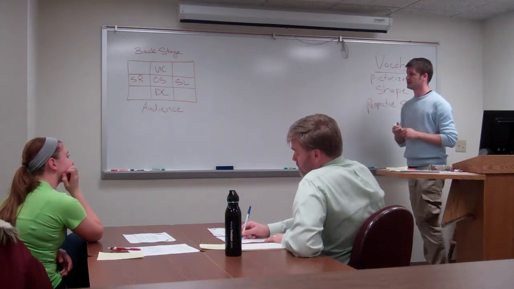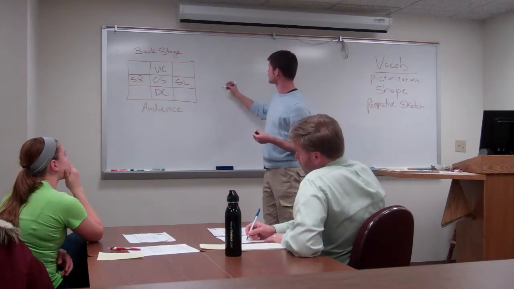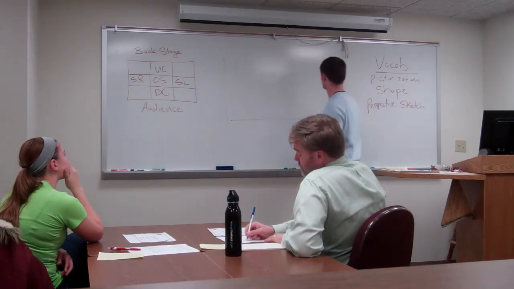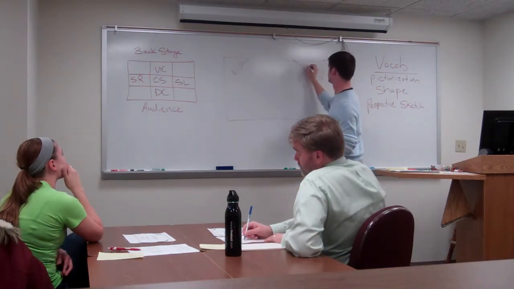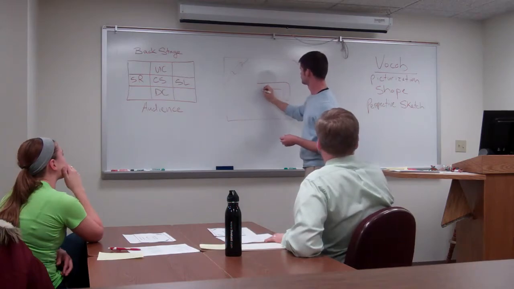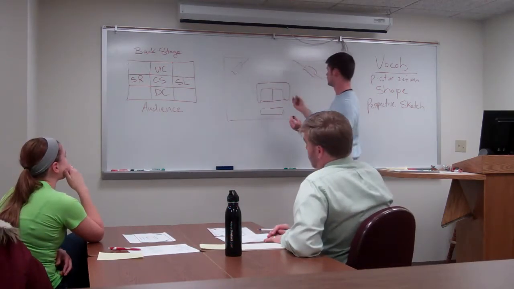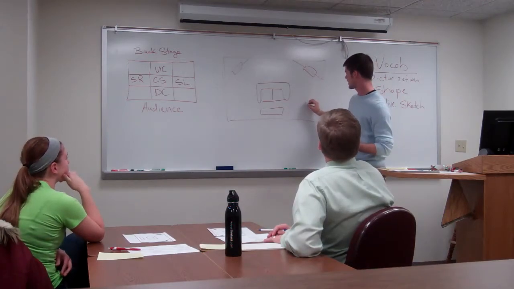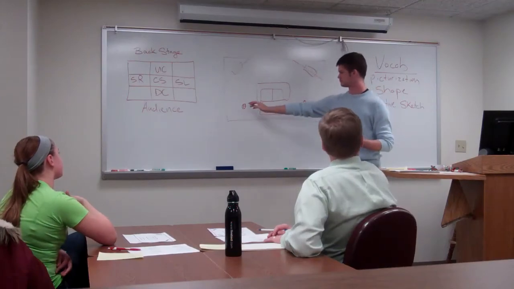Now shape. Shape has to do with shapes on stage. So we end up with our ground plan, like what you guys have in front of you. You're in a couch. So, let's say you have an actor right here, talking to an actor right here.